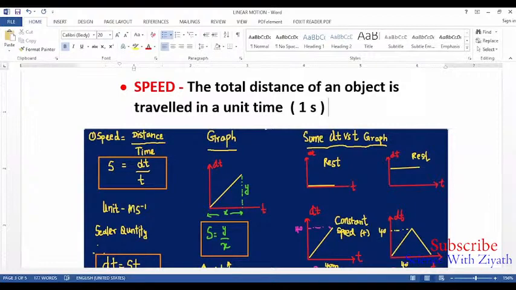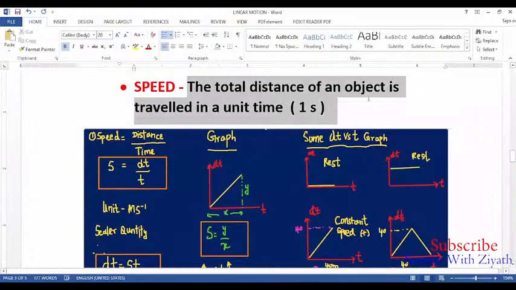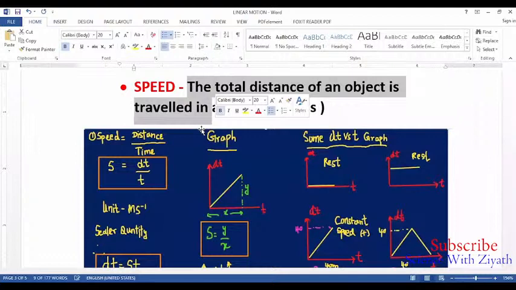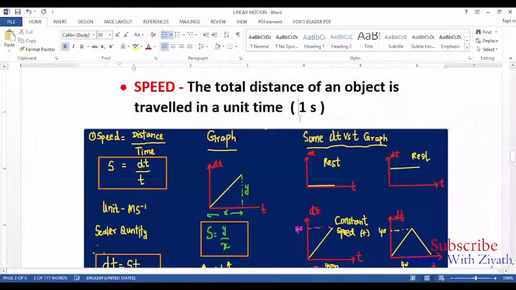The basic idea is speed is the total distance an object travels in a unit time, how much distance it travels in 1 second. That is speed.